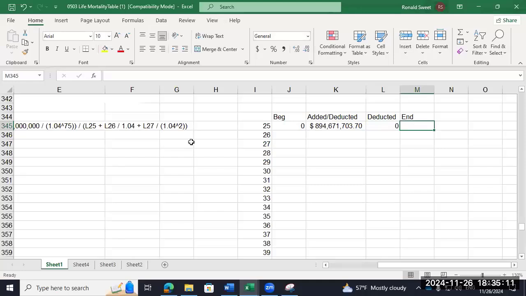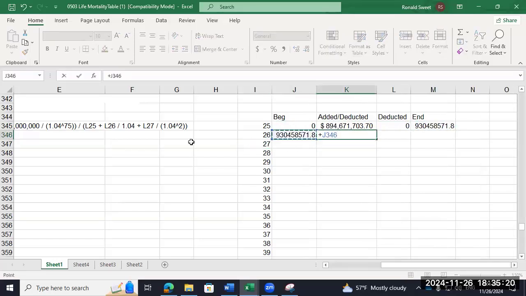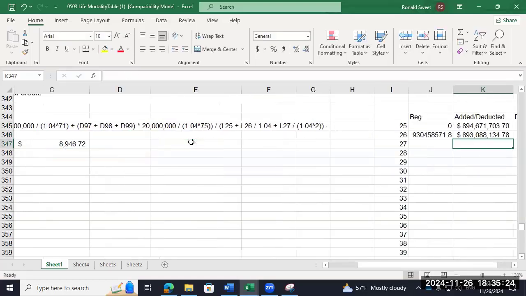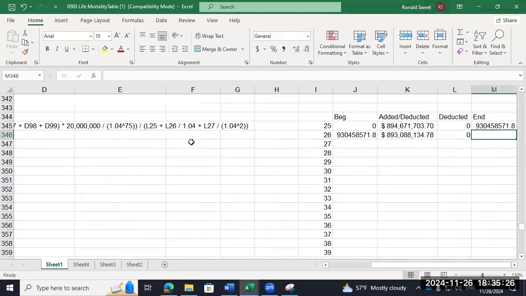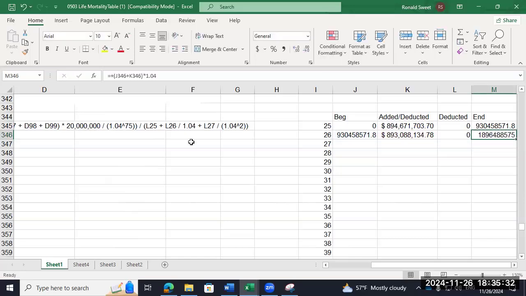Nothing deducted. The ending is going to be that amount we got at the beginning of the year times 1.04. The beginning value is going to be that amount. We then take the L26s. They're going to pay that amount. Nothing's deducted. So here we take the beginning value plus the premium. They're both at the beginning of the year, so we get 4% on both of those.